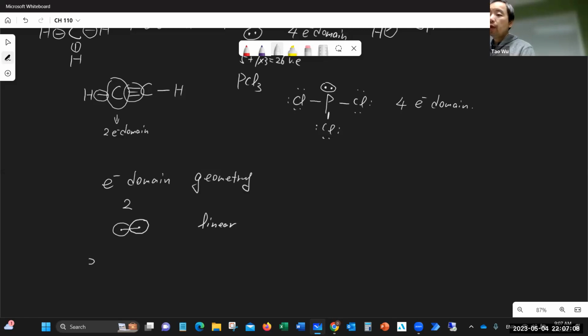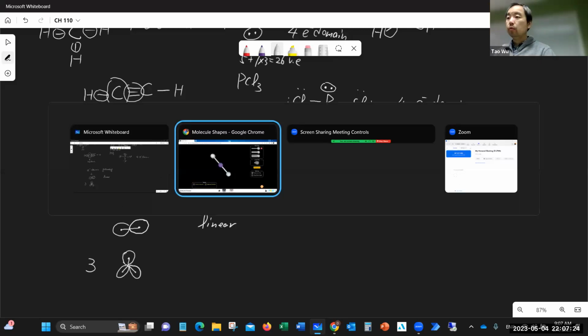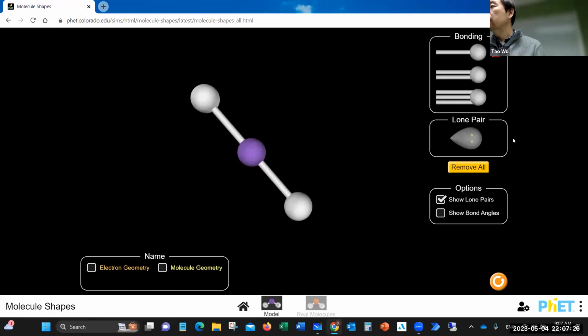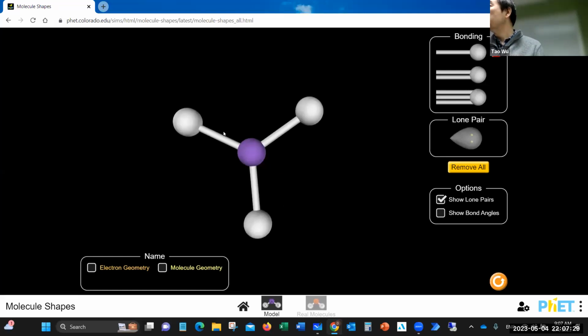If you have 3 electron domains, then the shape is something like that. With the central atom and the side atoms, it becomes like this. So here we have a model. If you have 3 electron domains, generally it's shaped like this, and this shape is called trigonal planar.